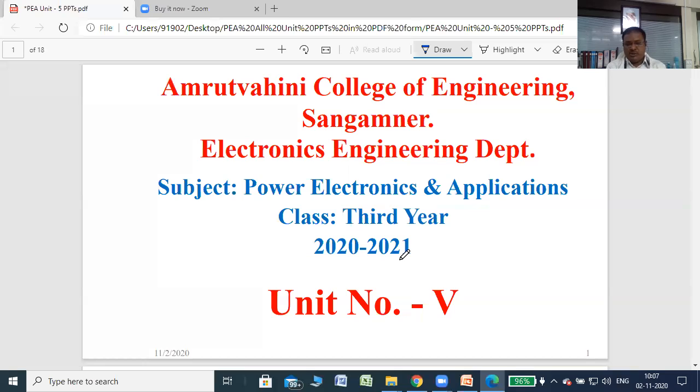The first page is your information: roll number, name, your mail ID. On the second page, there are 10 questions on unit number 1. Then on the third page, there are again 10 questions on unit number 2. And on page number 4, again there will be 10 questions on unit number 3.